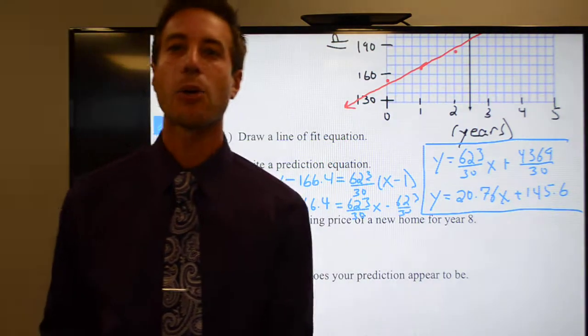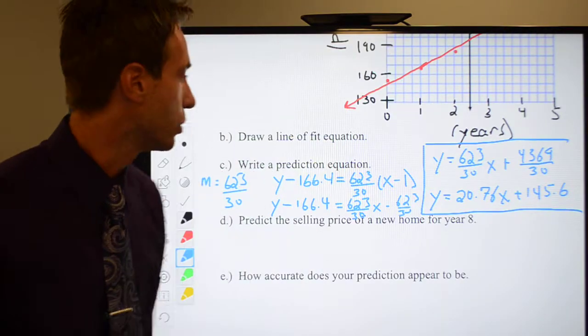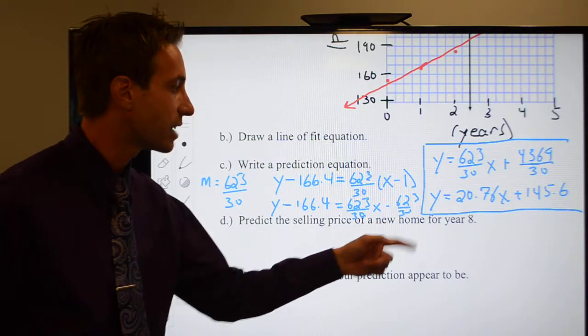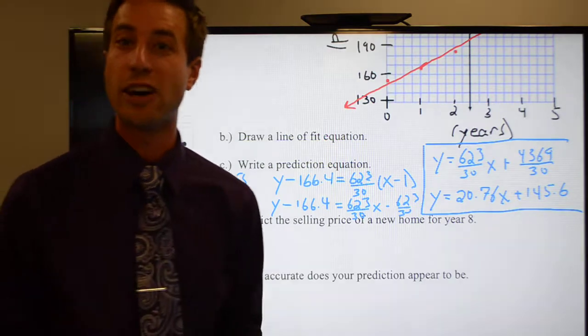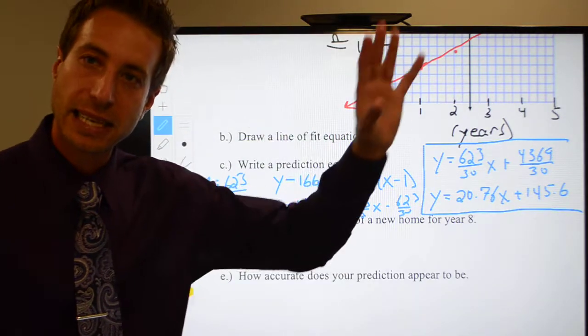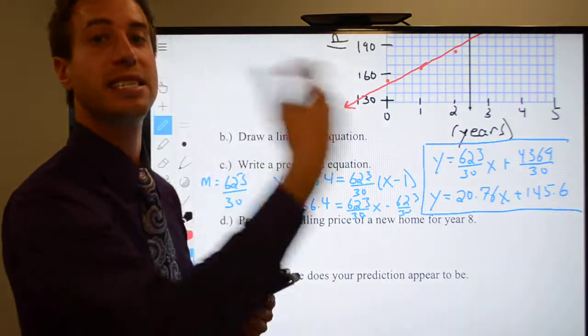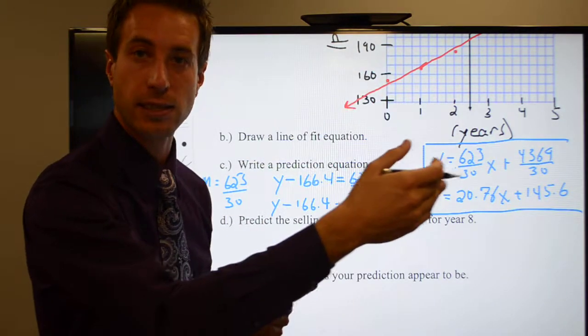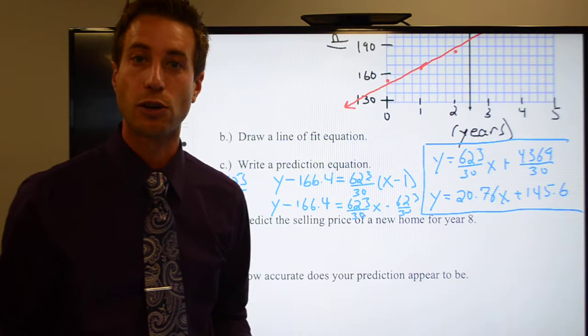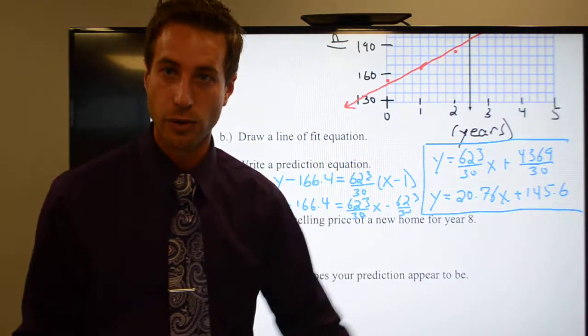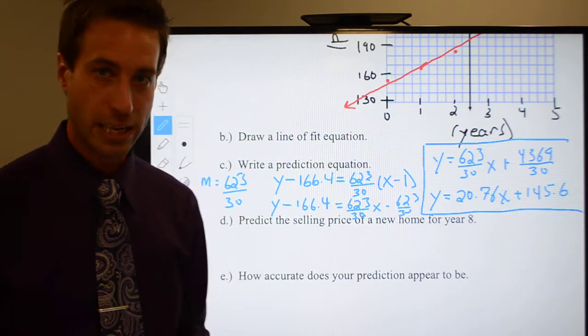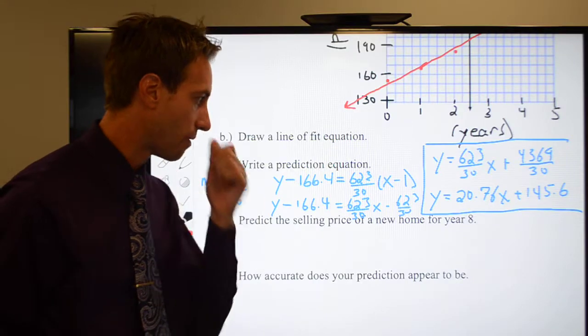Now this is the power of these best fit lines. We're now going to use it to predict the selling price of a new home in year 8. Keep in mind, remember that data table only went to year 6. So what we're doing is essentially predicting the future price of a privately owned single family home 8 years down the road, even though we're only in year 6. And you can begin to see the power of this.